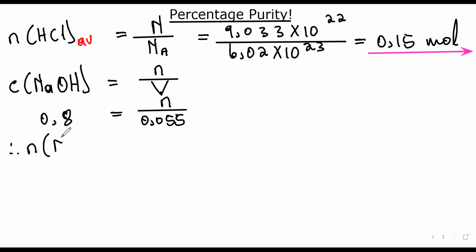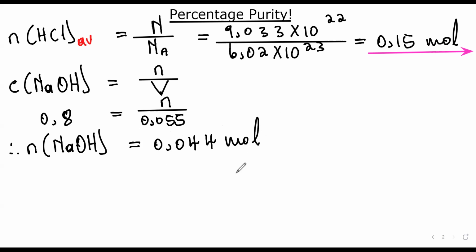Now we can conclude and say, the number of moles of the base will simply be what? We cross multiply here, and after we successfully do that, these are the number of moles of the base that we get.